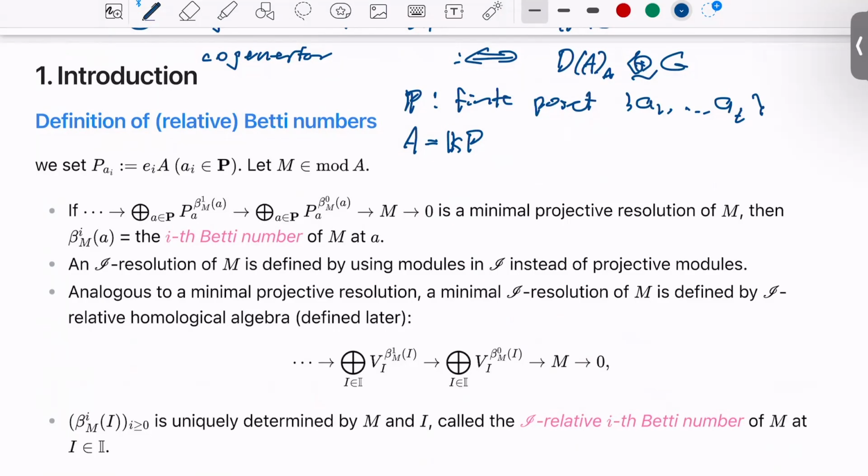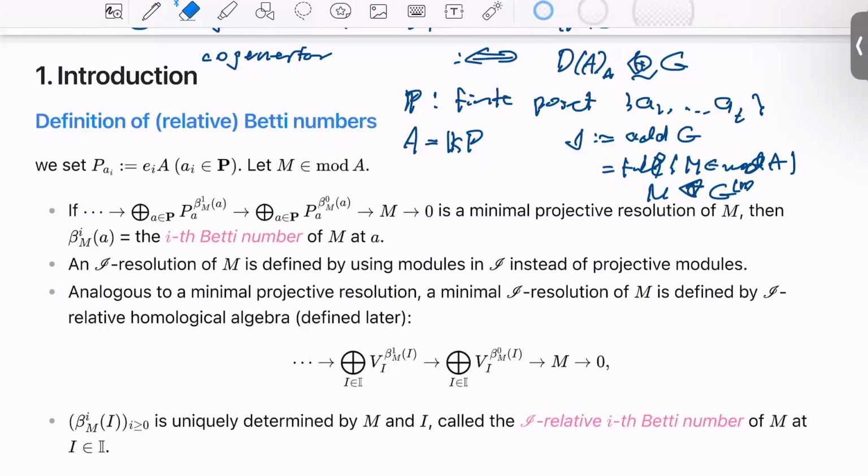Further, I put I to be the additive closure of the module G. It is a full subcategory of mod A whose objects are direct sums of finitely many copies of summands of G. I fix this additive subcategory I, closed under finite direct sums.